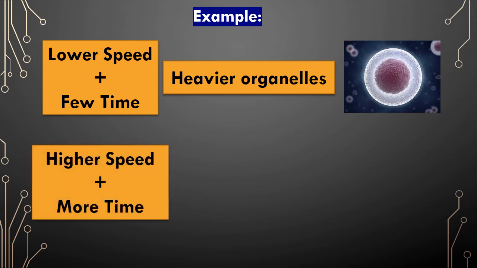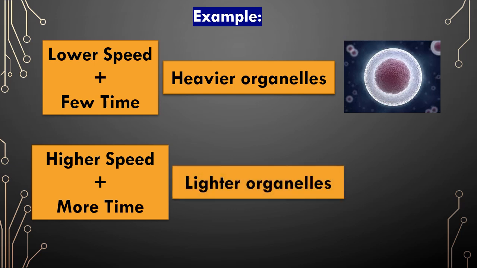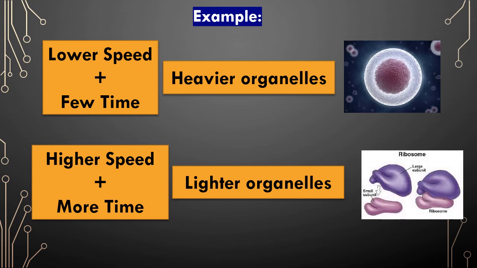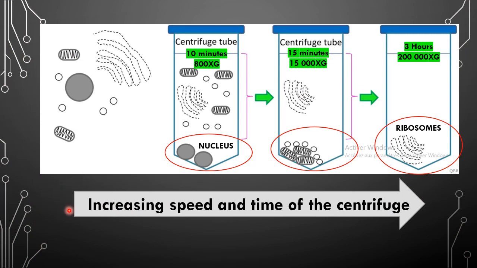Then if we use a higher speed and add more time, this will lead us to separate the lighter organelles, for example, the ribosomes. This is another example simplifying the differential separation using centrifugation. When increasing the speed and time of the centrifuge, this leads to separating and fractionating the different organelles of the cell.